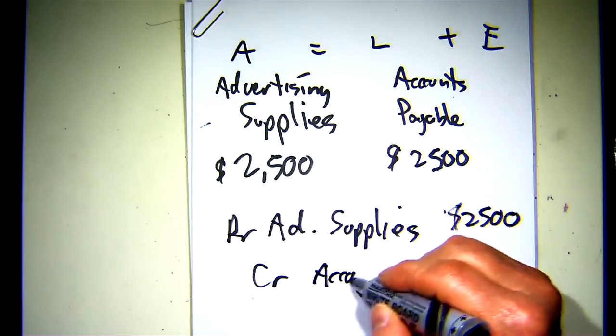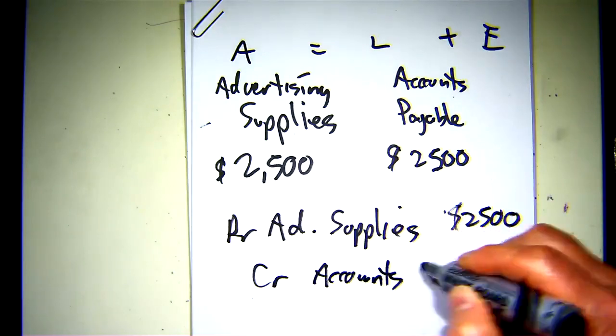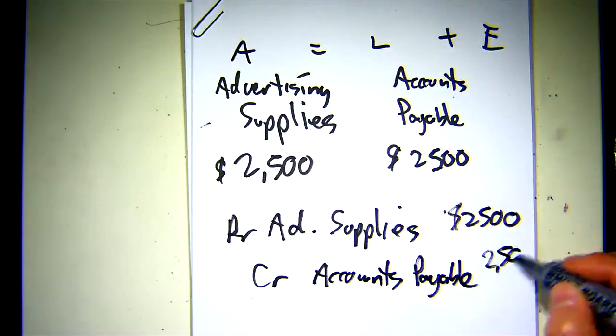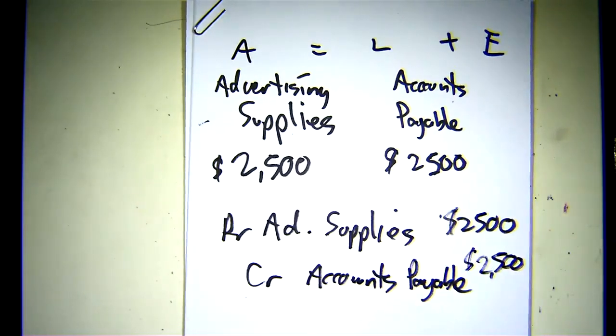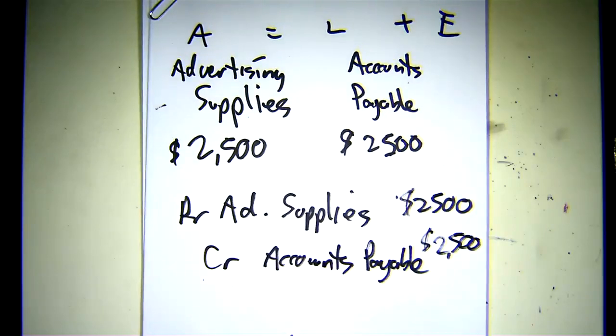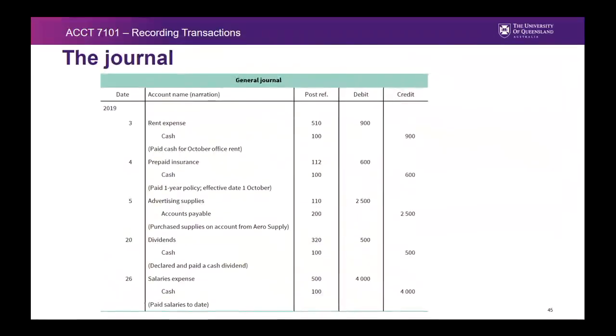And accounts payable is a liability. So the journal entry for that is we'll debit add supplies or advertising supplies, credit accounts payable. Okay, that's good with that. We're paying dividends for cash, 500.